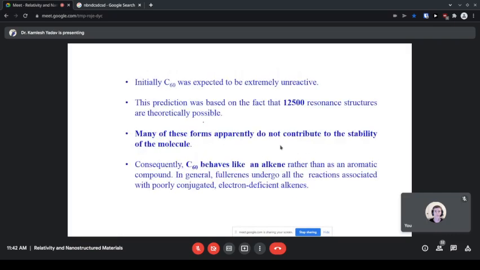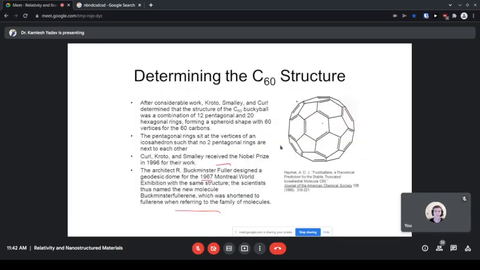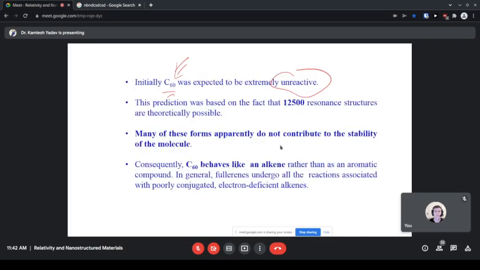Initially it was thought that this must be very unreactive. Why would it be unreactive? If there are 60 carbon atoms, this double bond you can write here, or you can also write it here and here. These are known as resonating structures.